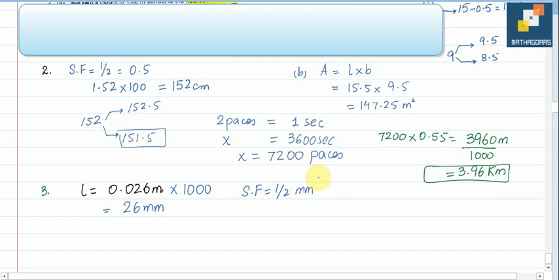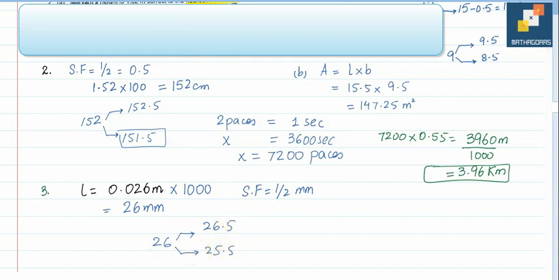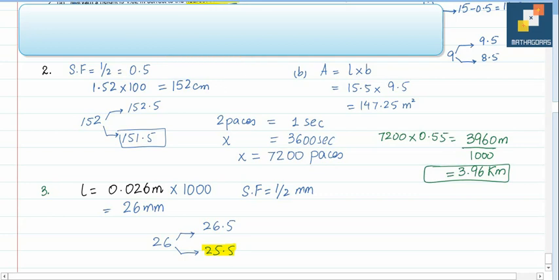Write down the lower bound. So for 26, the upper bound will be 26.5, the lower bound will be 25.5, and that is your answer for the lower bound of this length. Alright, moving on to the next question.